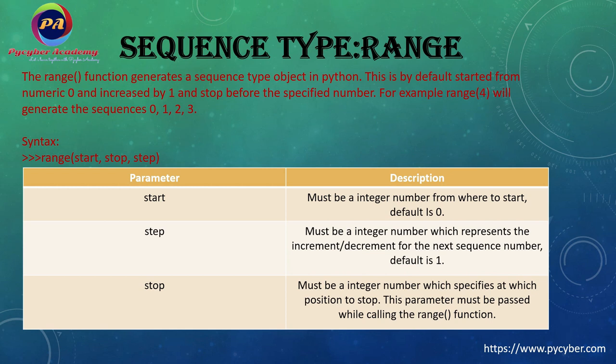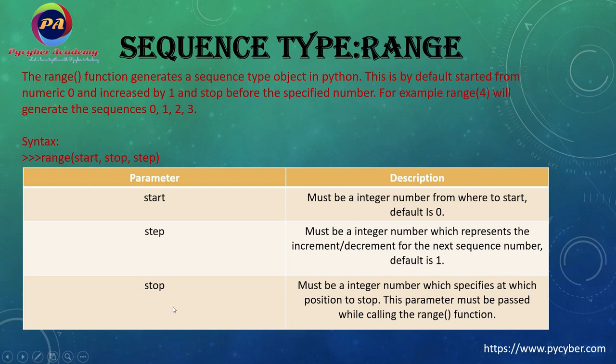Moving on to the next, step must be an integer number which represents the increment or decrement of the next sequence number. Default is 1. As you know, in the statement we see that the default number is 1 for the step, but it can be a negative number also to decrease, and a positive number to increase, and all these numbers that are passed to range must be integers. It does not support floating numbers or any other data types.